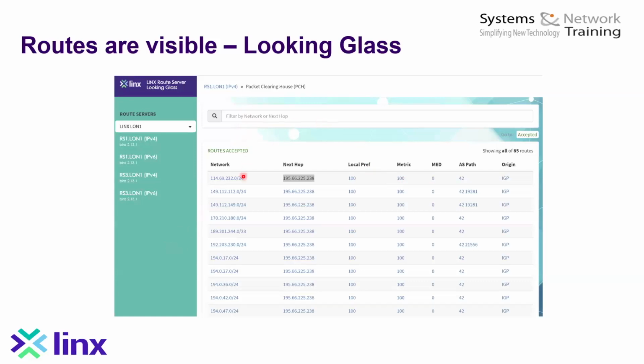We can see a number of different prefixes here and their next hops, or in other words, who's announcing those prefixes. In this case, this is the IP address of a router, and it's advertising this prefix and this prefix and this prefix, etc.